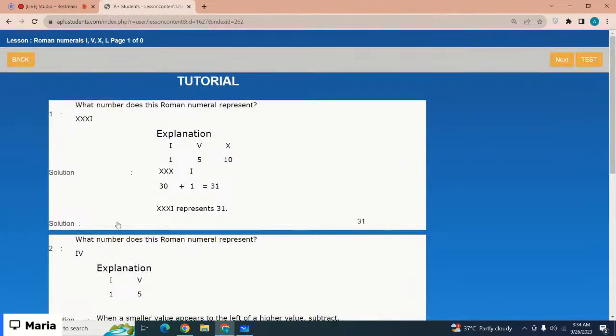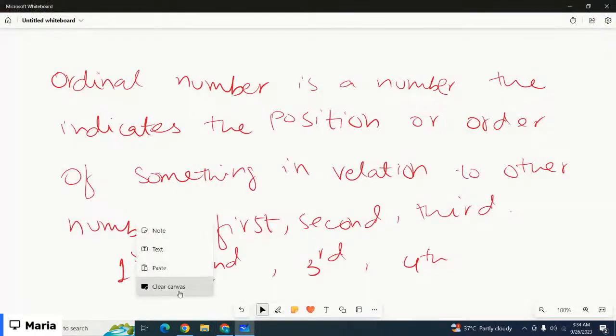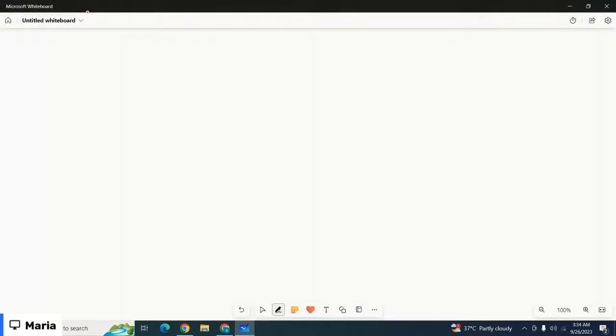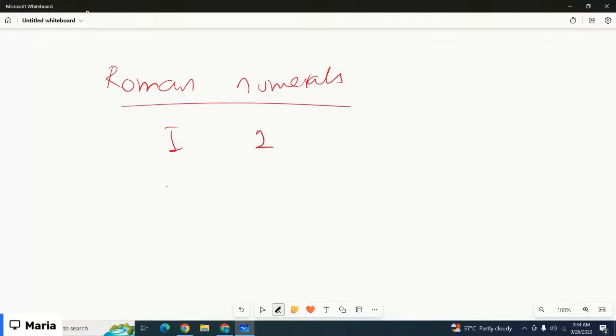The very basic Roman numerals are I for 1, V for 5, X for 10, right? You can make the other numbers using these three.